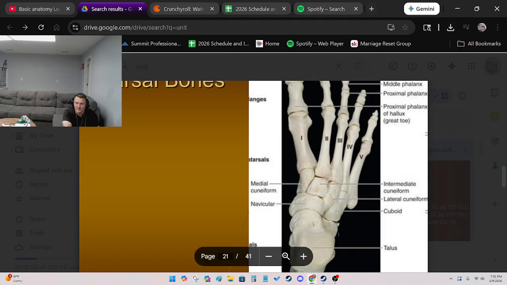The navicular means tiny boat. The cuboid is a square shaped bone. In the muscle world we use quadratus, in the bone world we use cuboid.